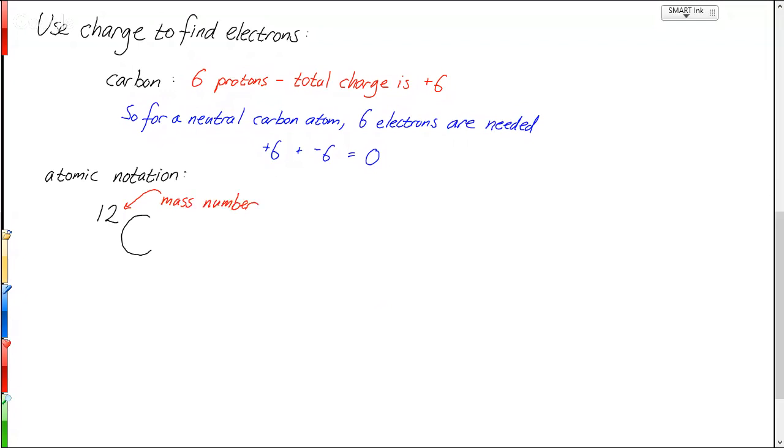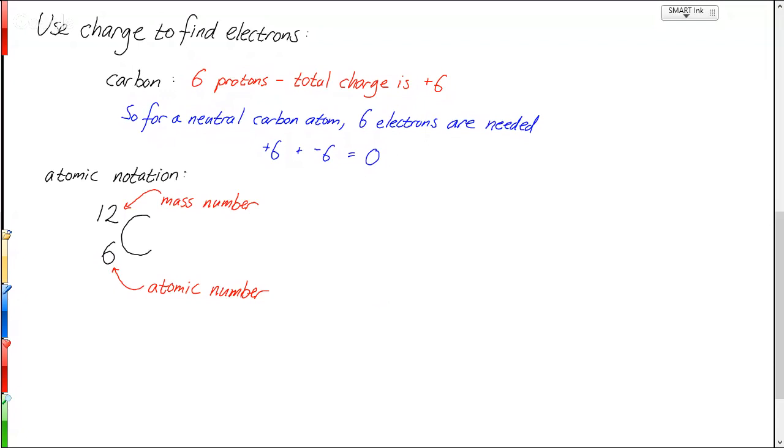And if we want to be really specific sometimes, we even put the atomic number down here. Having the mass number in the upper left-hand corner could be important, but the atomic number is always redundant.